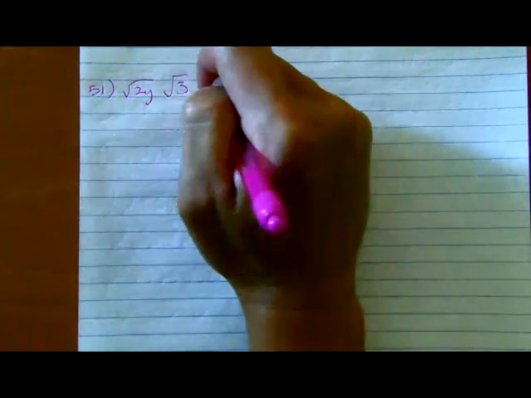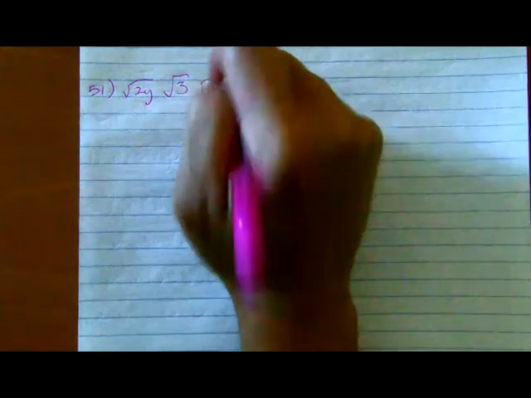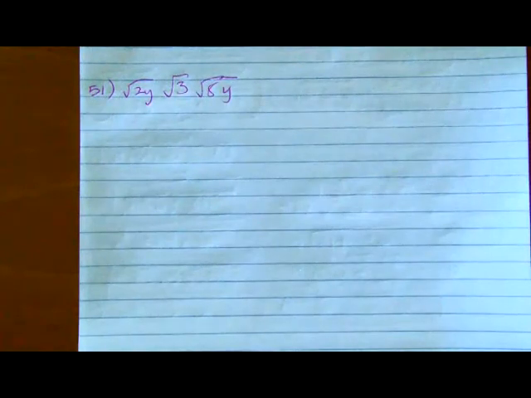Number 51. Radical 2y times radical 3 times radical 8y. Okay. 16, 20, 48.